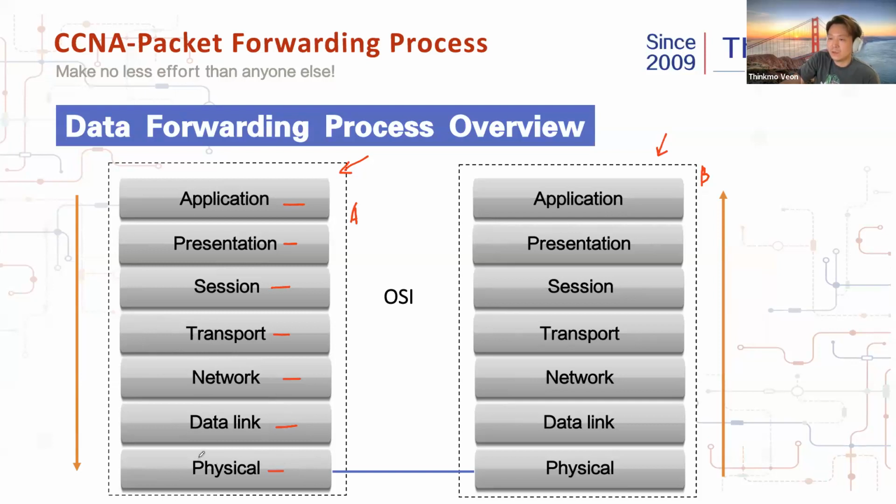You can use an easy way to remember it, like: please do not throw sausage pizza away. Let me repeat again: please do not throw sausage pizza away. In this way, you can remember the 7 layers of the OSI model.